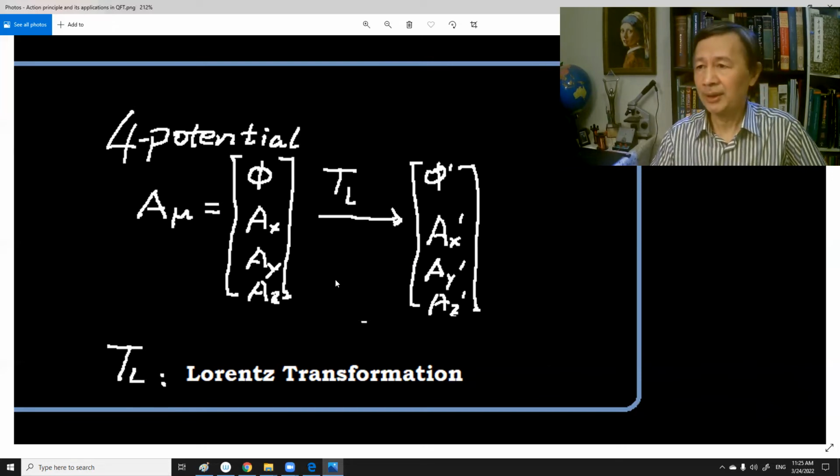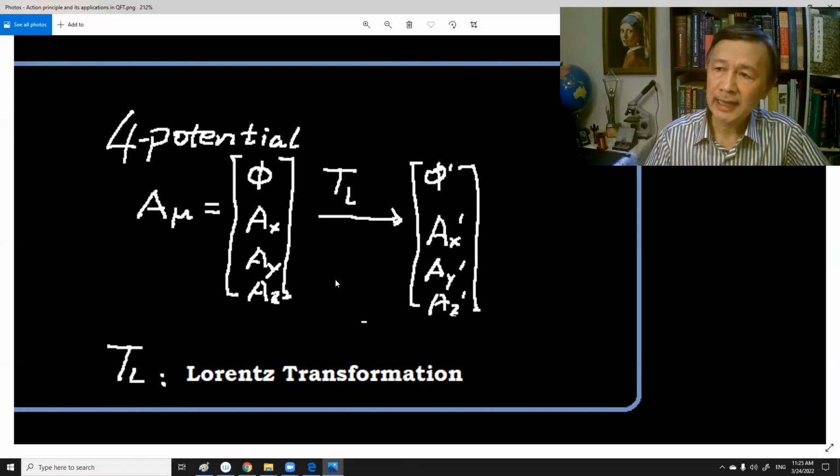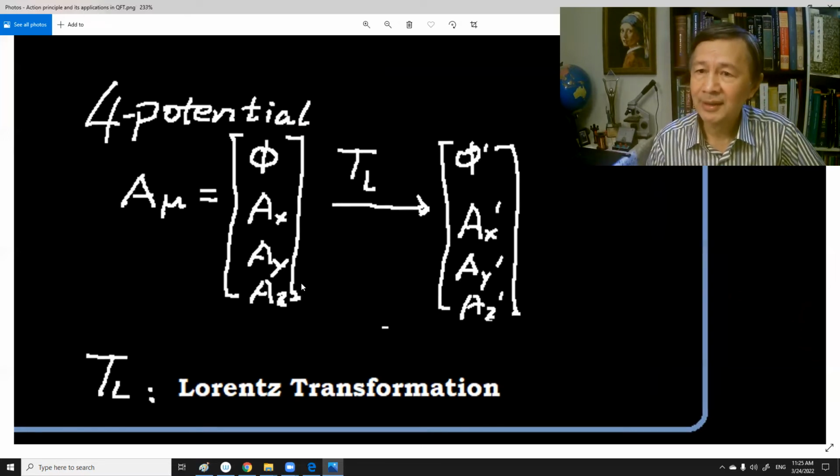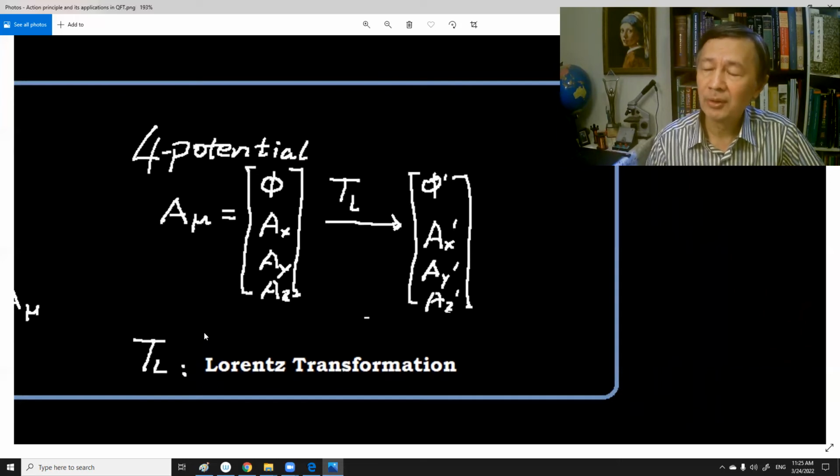By the way, its very important feature was discovered after Maxwell: if we invoke this four potential, then we will see that under Lorentz transformation, the four potential remains invariant. Hence this four potential, or the electromagnetic field as a whole, is considered as having gauge invariance.